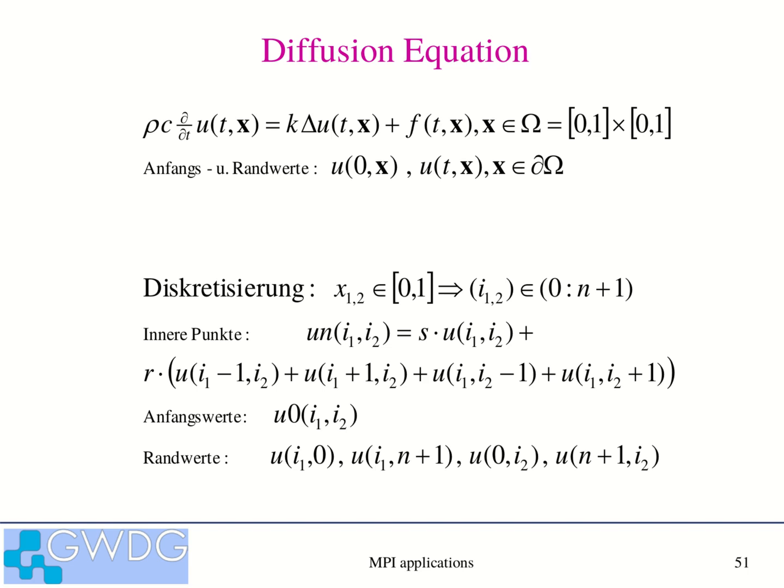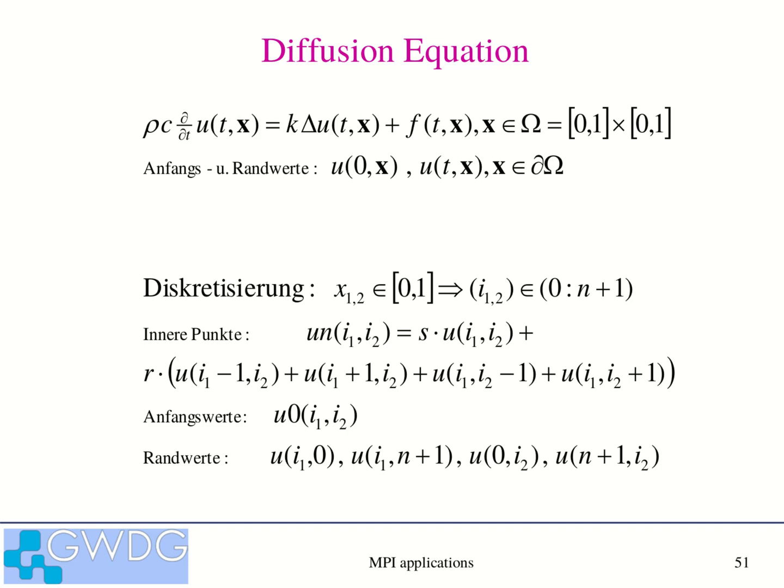You have to give start values, initial values, and boundary values. So you have to prescribe the value of the property at time 0 in all the domain, and you have to prescribe the property at the boundaries of the domain at all times.